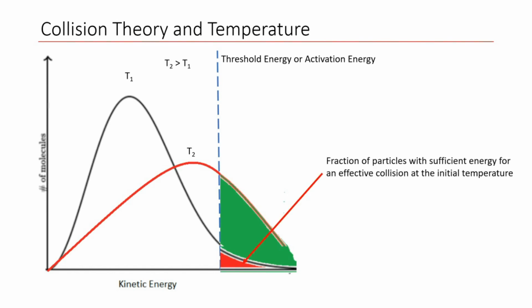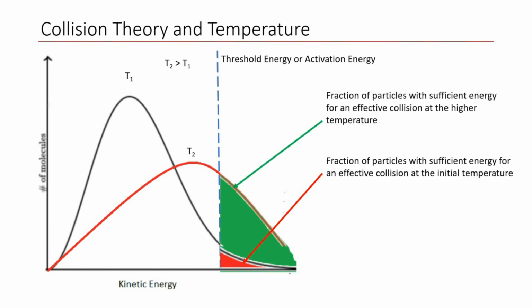At our lower temperature, the number of particles with sufficient energy for an effective collision, represented by the red, is relatively small, whereas at our higher temperature, the number of particles, as represented by the green, is much higher. Since we have a greater fraction of particles with enough energy for effective collision, the percentage of collisions that will be effective will go up, which will increase the rate of my reaction.